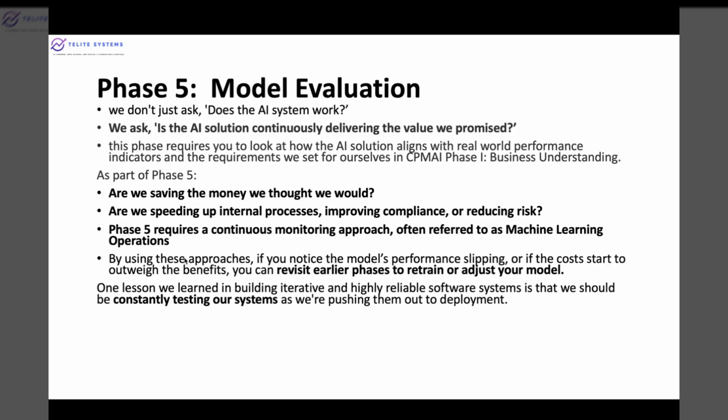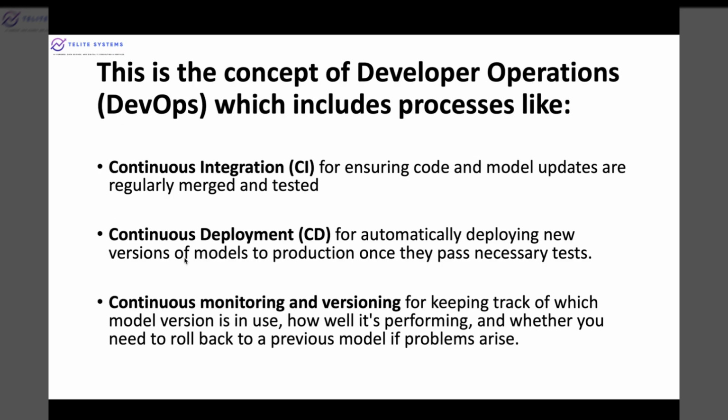One lesson we learned in building iterative and highly reliable software systems is that we should be constantly testing our systems as we are publishing them out to deployment. This is the concept of development operations, DevOps, which includes processes like continuous integration, continuous deployment, continuous monitoring, and versioning.